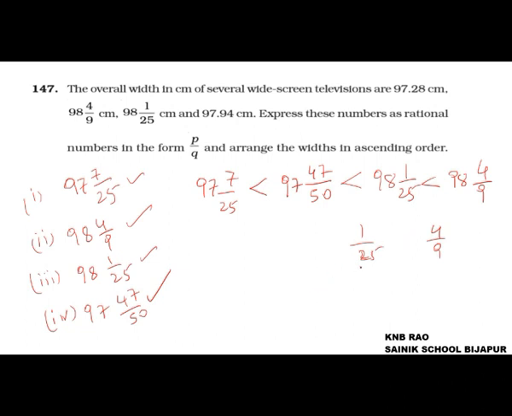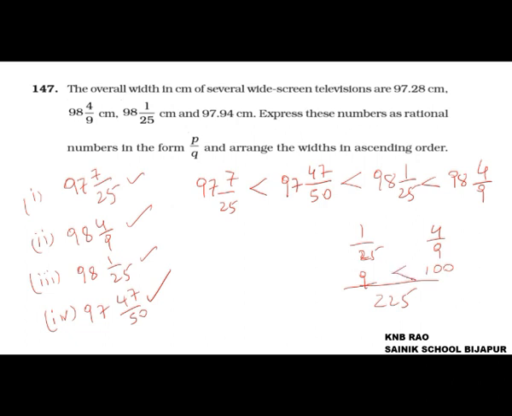You can use your common sense or you can use the same method, taking the LCM of 25 and 9, and after taking LCM, writing 25 into 1 for 9 times, 9 ones are 9, and 9 into 4 for 25 times, 25 fours are 100.